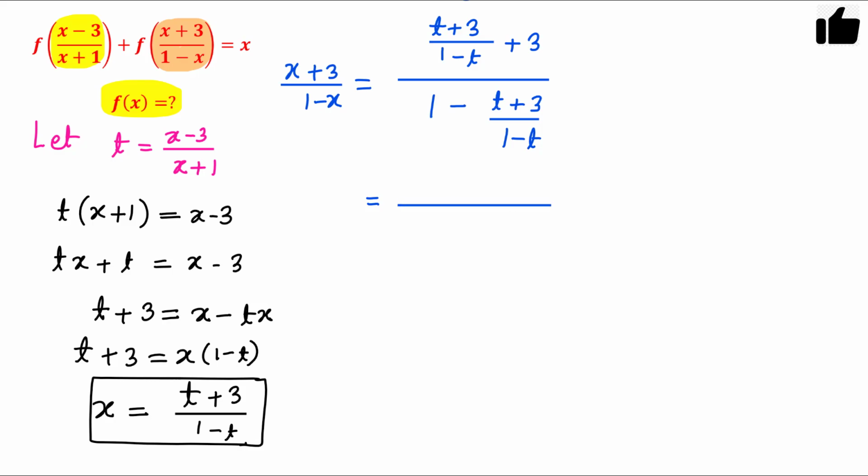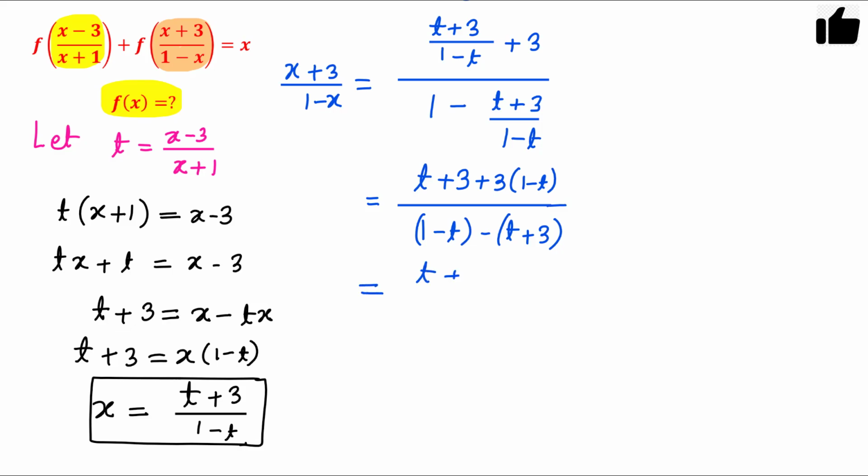So if you take (1 minus t) as the LCM, it will cancel out because it is in the numerator as well as in the denominator. So you will have (t plus 3) times (1 minus t)... and this will be 1 minus t minus t plus 3. So let us do some simplification.